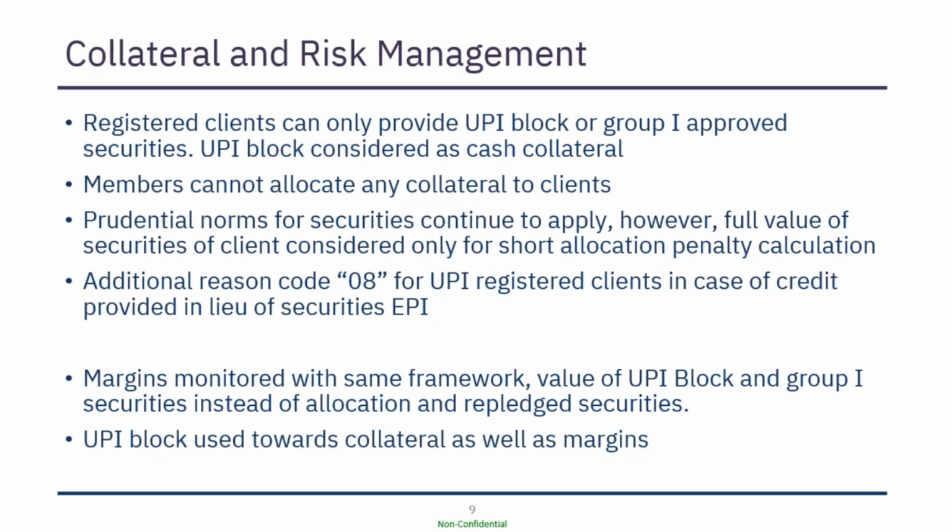Therefore, only for UPI clients, the value of securities beyond prudential limits will also be considered while calculating short allocation. And if what is beyond the limits is also sufficient to meet the margin requirement from the client, then there will be no short allocation penalty.